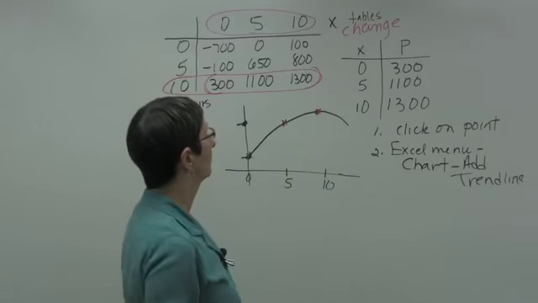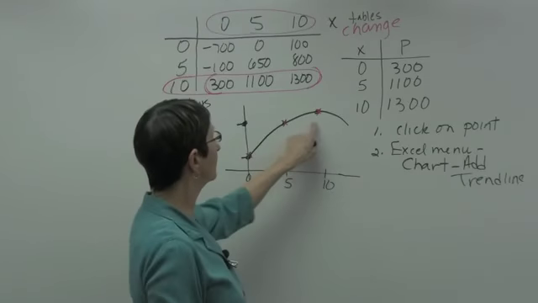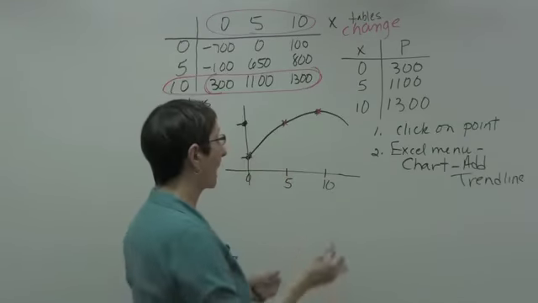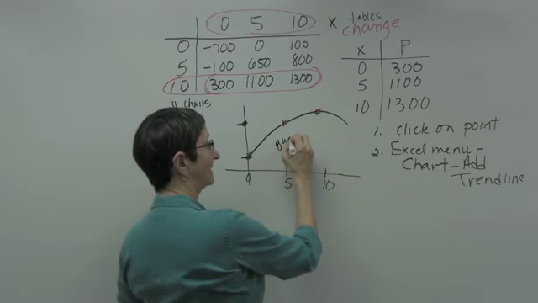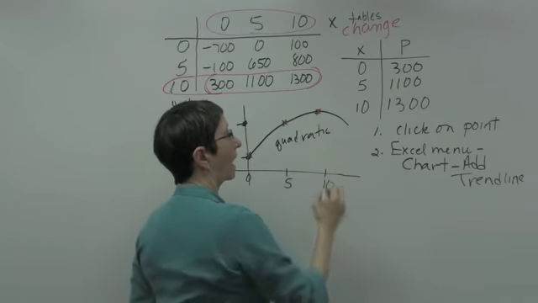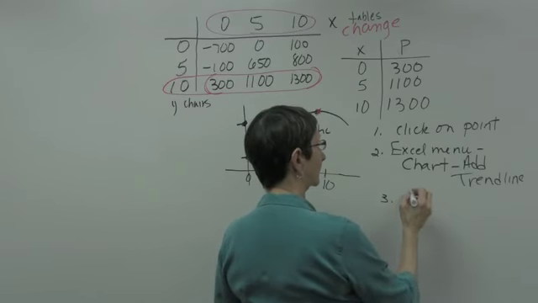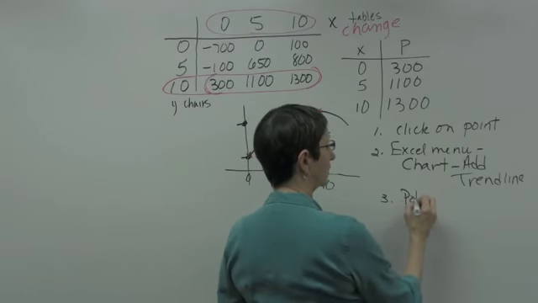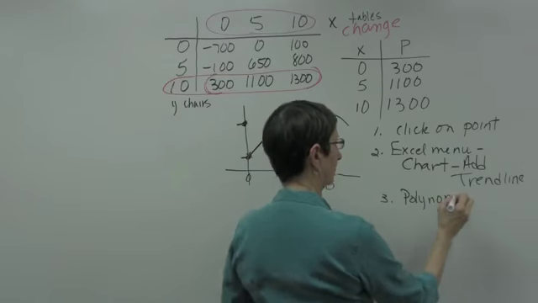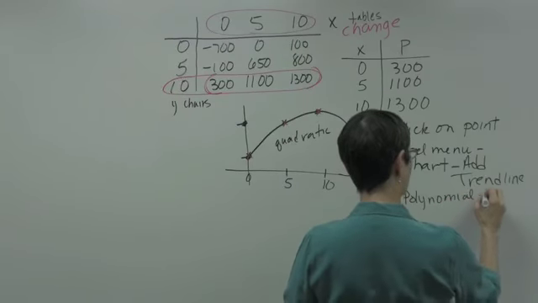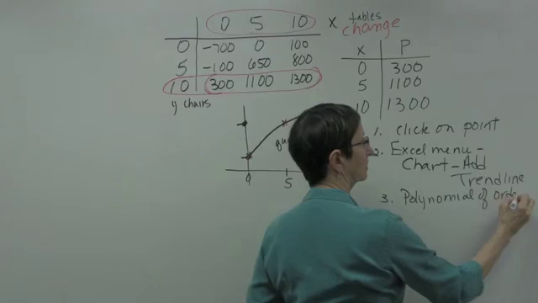So the box opens. So when the box opens, we go, well, we know this is quadratic. It's a parabola, it's quadratic, it opens down. But that's not what you'll see. What you'll see in the box is polynomial of order 2.